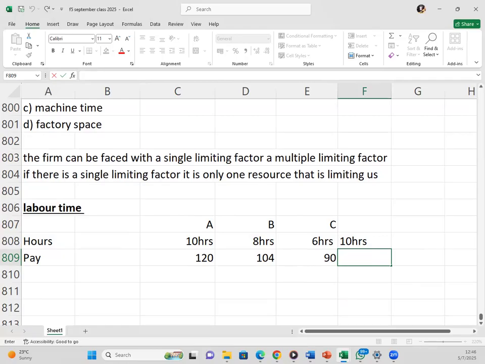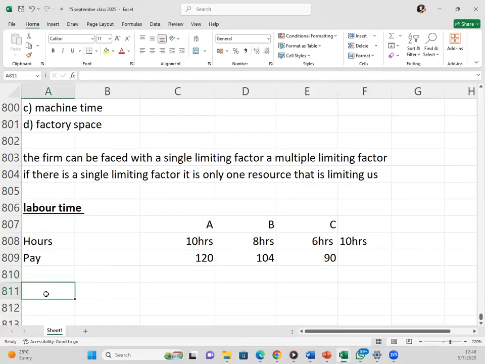But the problem is that my labor time is limited to 10 hours. What then should I do? My labor time is in short supply, so it's precious, so I need to determine how much they are paying me per hour.